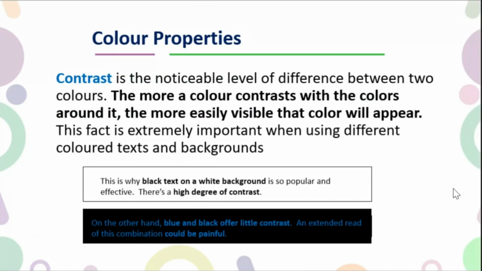Then we look at contrast. When we talk about contrast, it's how different two colors are from each other. So when you take one color and put another color at its side, how different are they, or how do they relate? So you can see we have some text here. This is why black text on a white background is so popular and effective. There is a high degree of contrast.